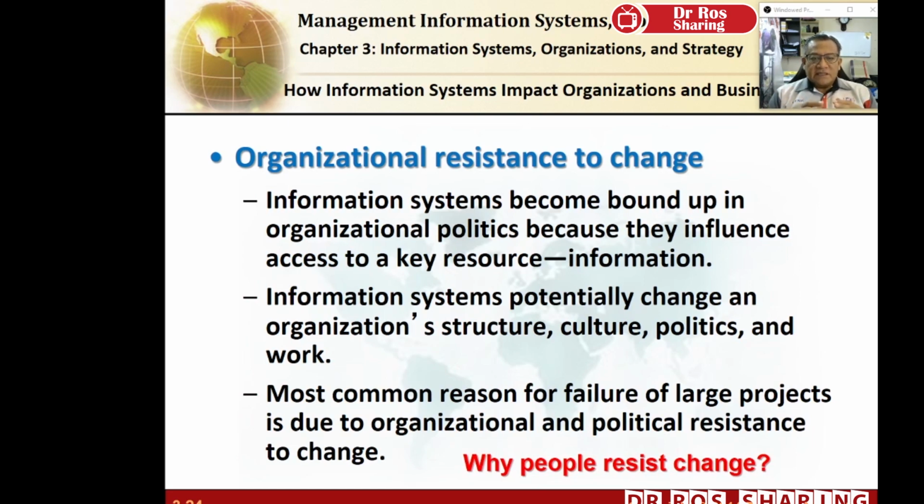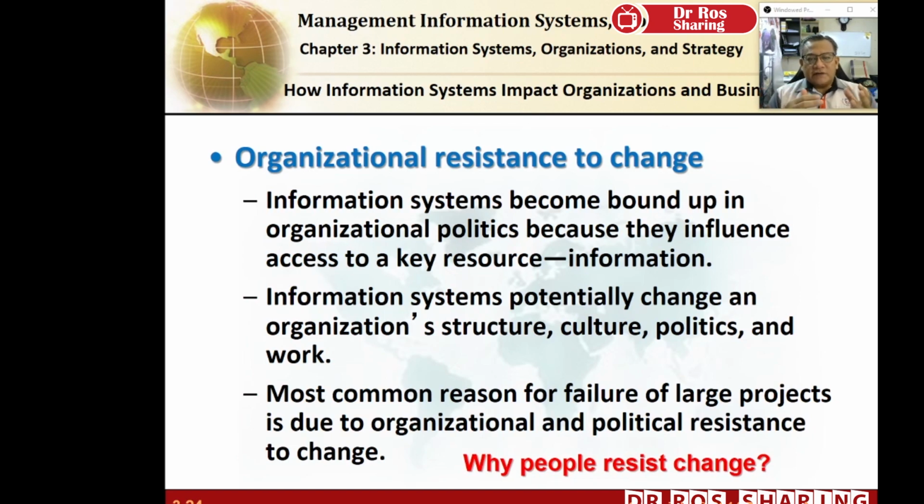Basically, people like managers and workers try to minimize disorientation, they try to minimize change. They don't like to adjust to a new system because it gives them challenges, problems, and some sort of uncomfortable feeling. That is one reason why people resist change.